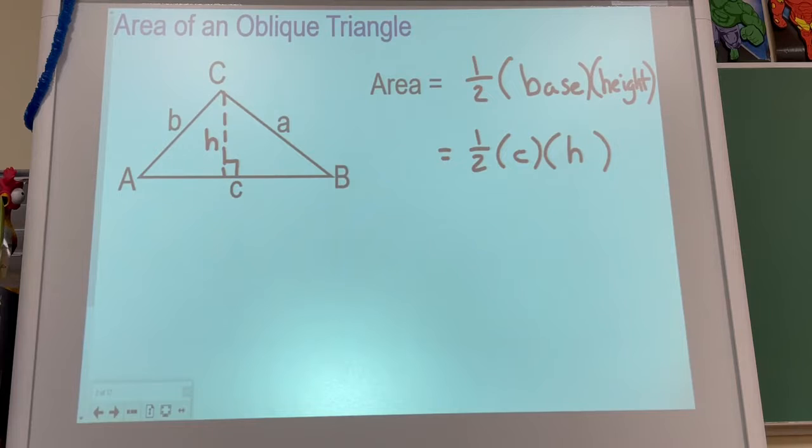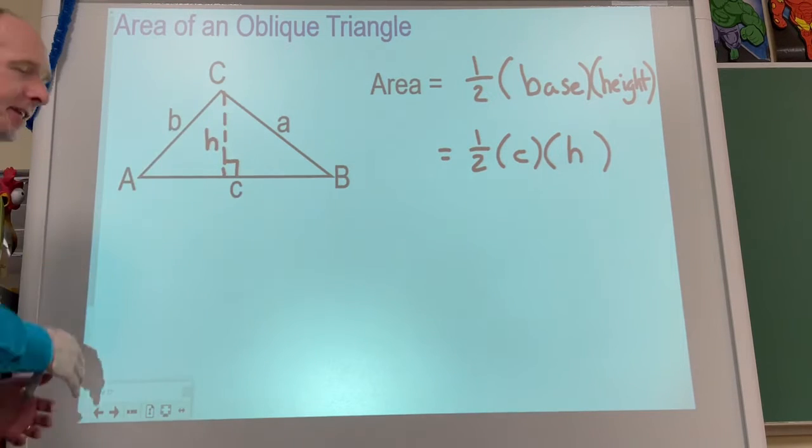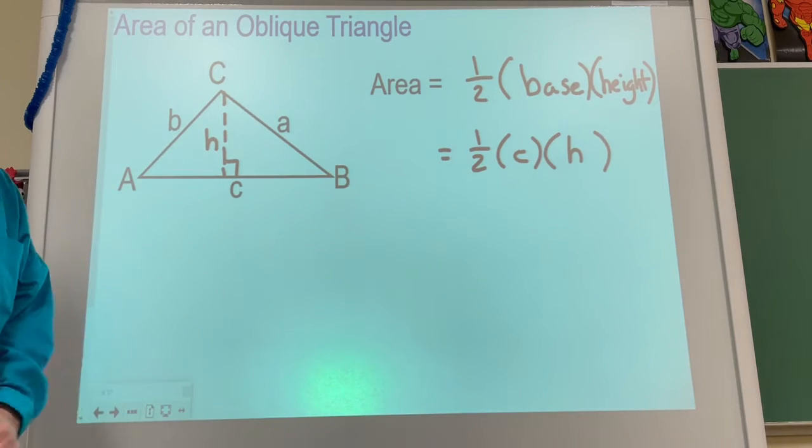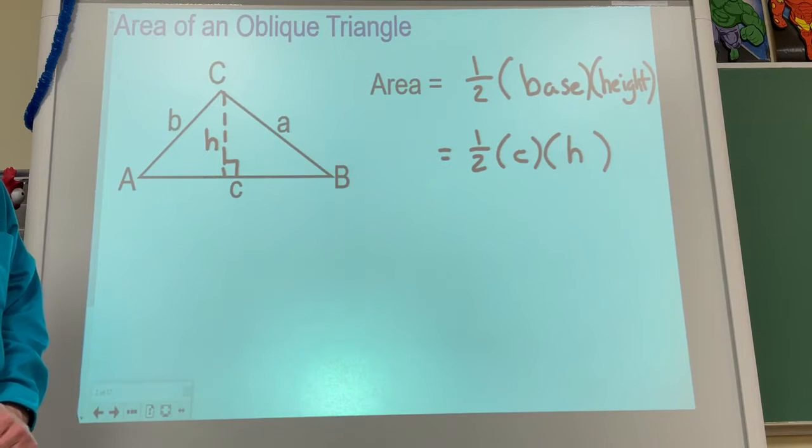So the problem becomes, how do I find h? Because I'm most likely to be given the outside sides, I've got to be able to find h. And if you're sitting there going, well, we have a right triangle, in fact, a couple of right triangles in there, you could come up with a couple of different ways to find this.